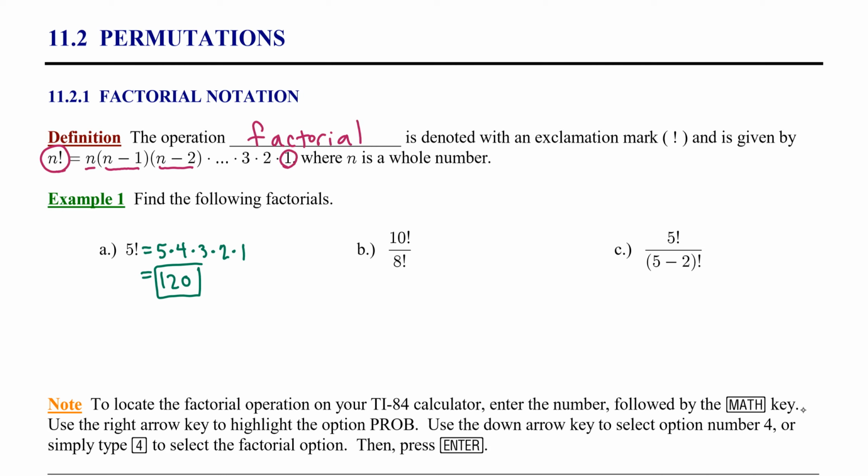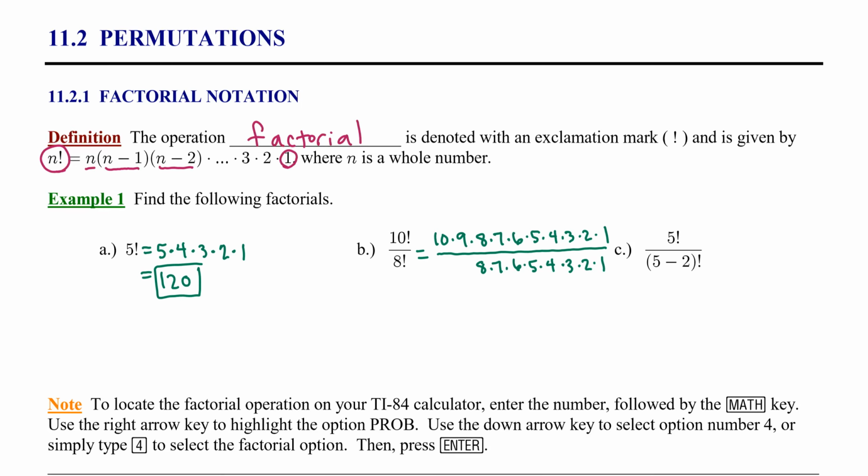Let's look at the next example, 10 factorial divided by 8 factorial. If we expand 10 factorial in the top, that's 10 times 9 times 8 times 7 times 6, 5, 4, 3, 2, 1. You can guess these numbers get pretty big pretty quickly. In the denominator, we have 8 factorial. That's 8, 7, 6, all the way down to 1.